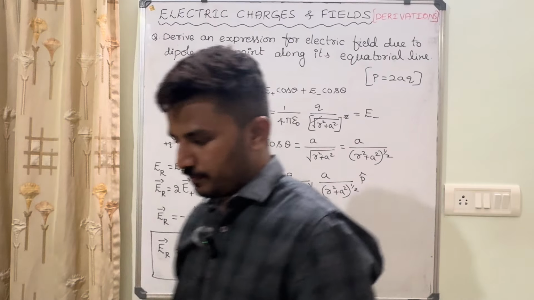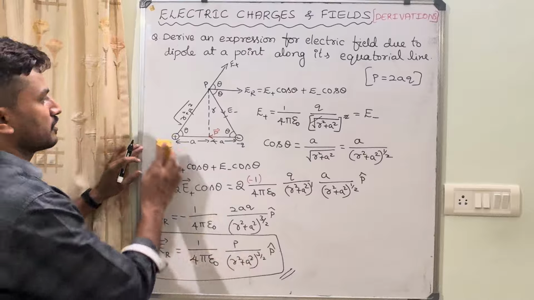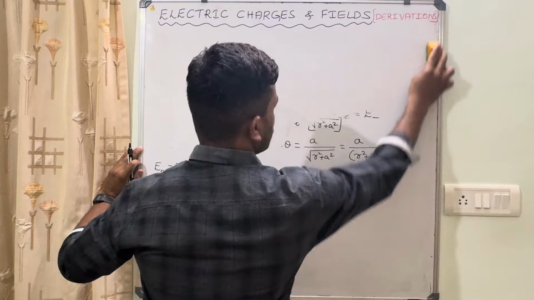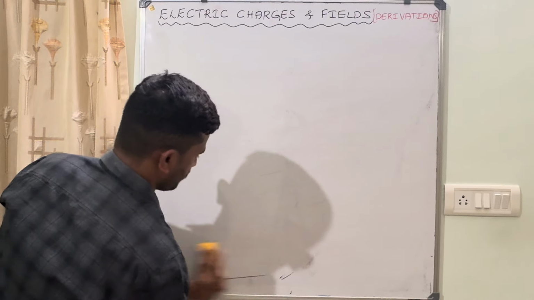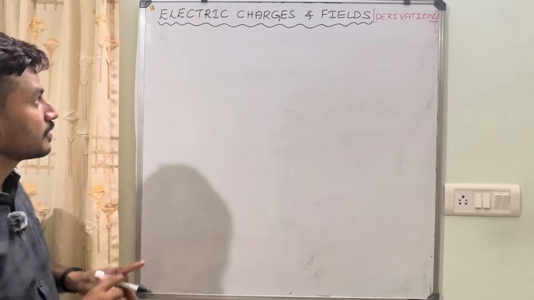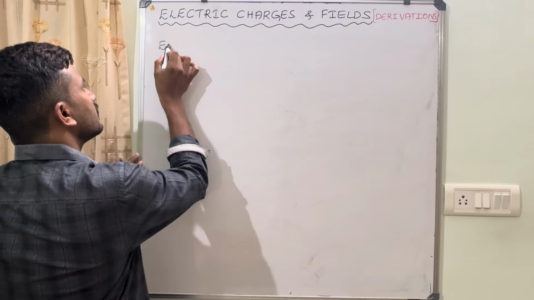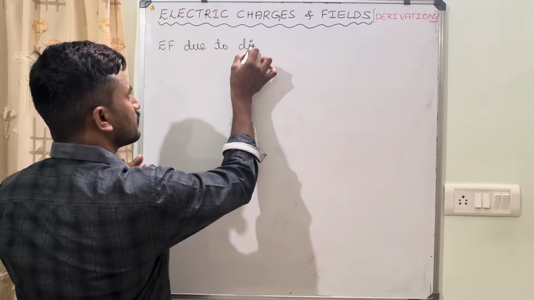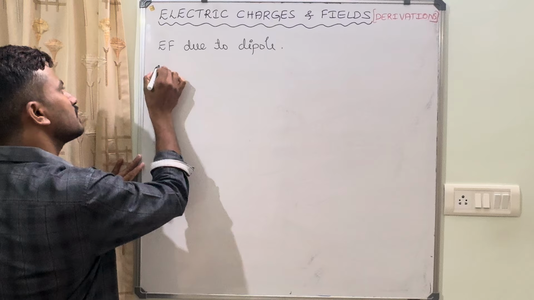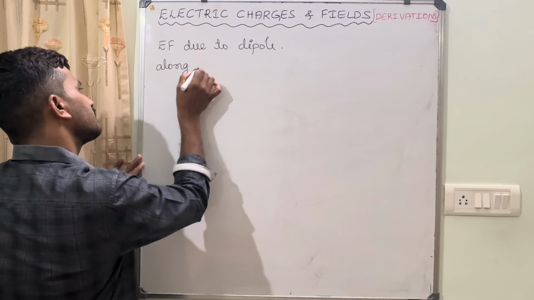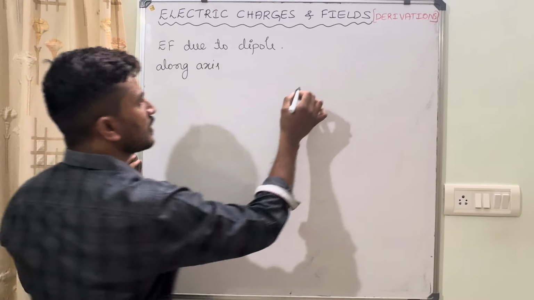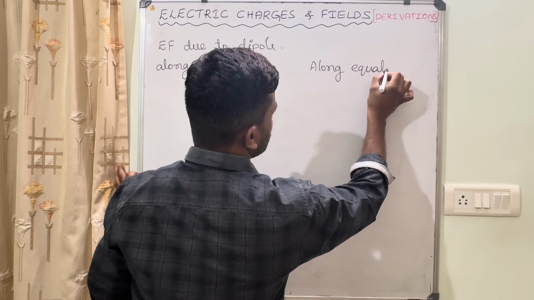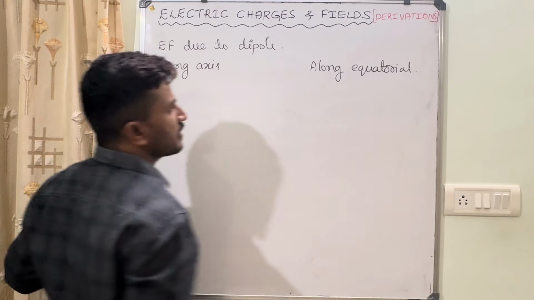Okay. Now, let me write the summary of these two derivations. Electric field due to dipole. If you consider along the axis, you will get one formula, and along the equatorial you will get another formula.